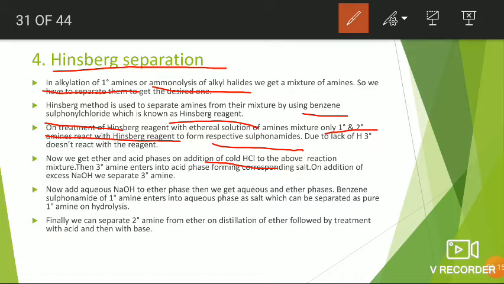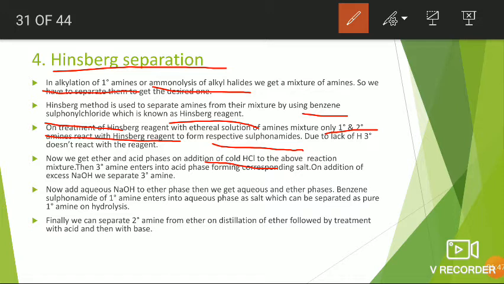The tertiary amine enters into the acid layer due to the reaction of the tertiary amine with acid to form the corresponding ammonium salt. The ether solution, that is the organic layer, contains the mixture of sulfonamides of primary and secondary amines. Now we have to separate these two layers, that is the ether layer and the acid layer, by using a separating funnel.